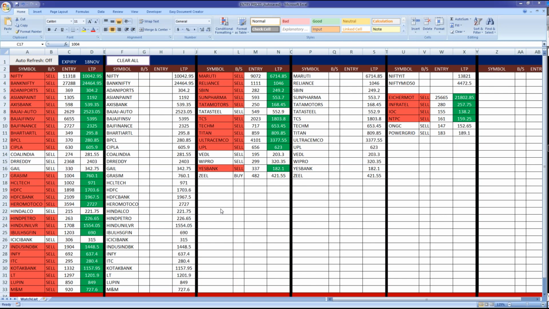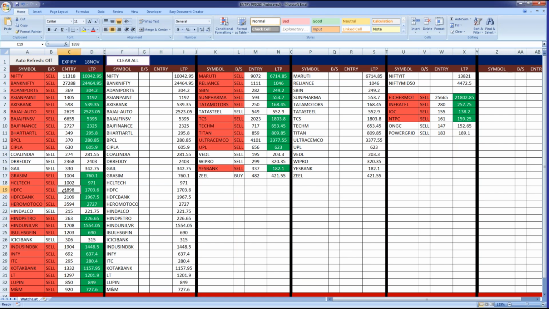And for Grasim, what is my investment? Grasim, my investment is around 96,000 rupees. So divided by 96,000 rupees, what I am making is roughly around 200% current returns on Grasim, what you are seeing.